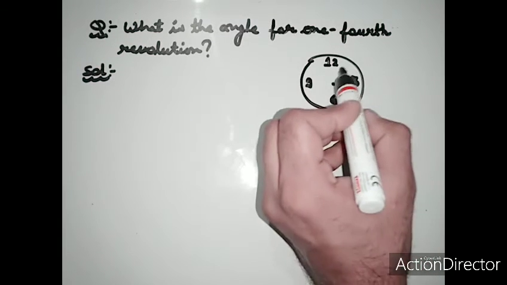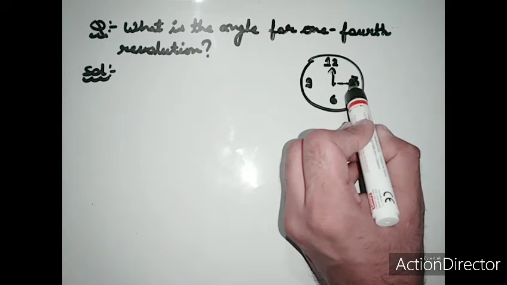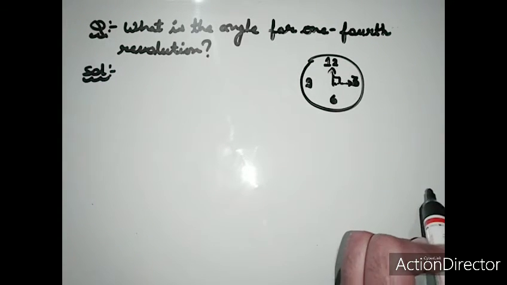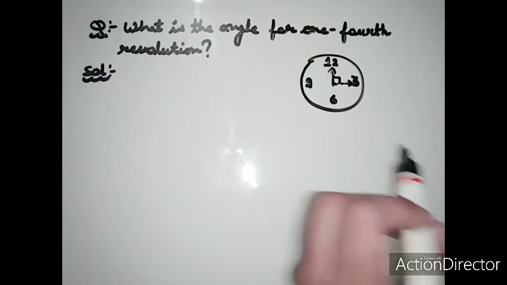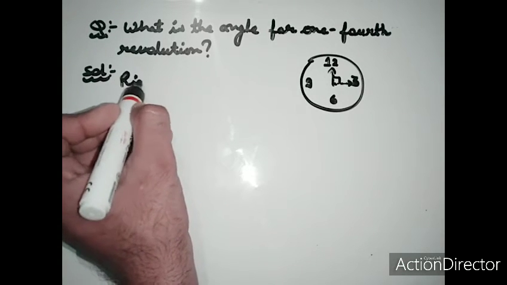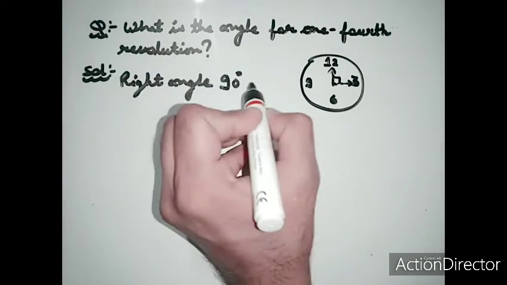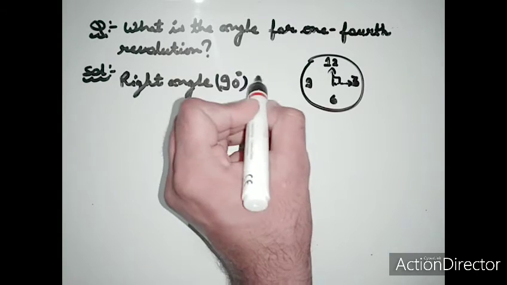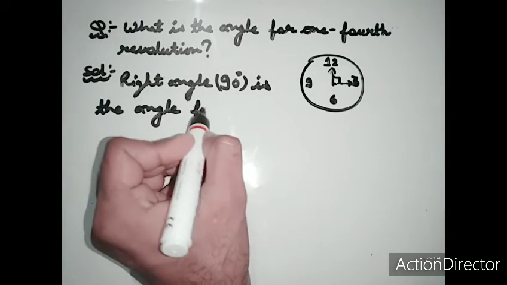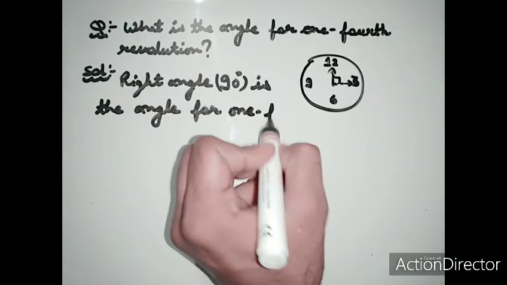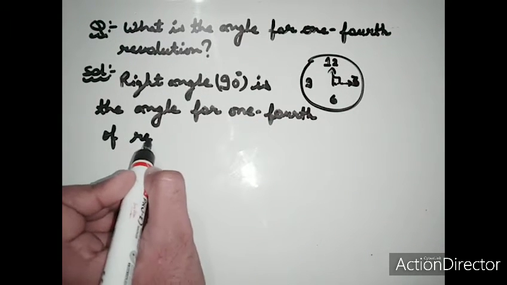So now here we make 1/4. Now start with 12 and move to 3. Now this part, what degree angle is it? It is a 90 degree angle. So here we write right angle, 90 degrees, is the angle name for 1/4 of a revolution.